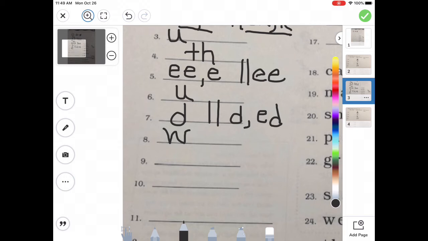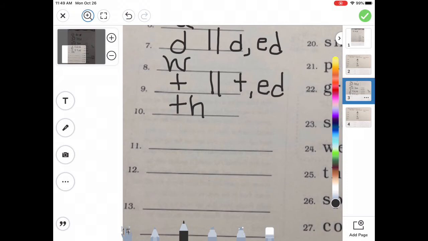And then T. That's right. T. And then endings, if it has a T at the end, it can make that T sound. But also if it has that ED at the end, it can make that T sound. All right. How about ver? That's right. That's that voiced TH, like feather.